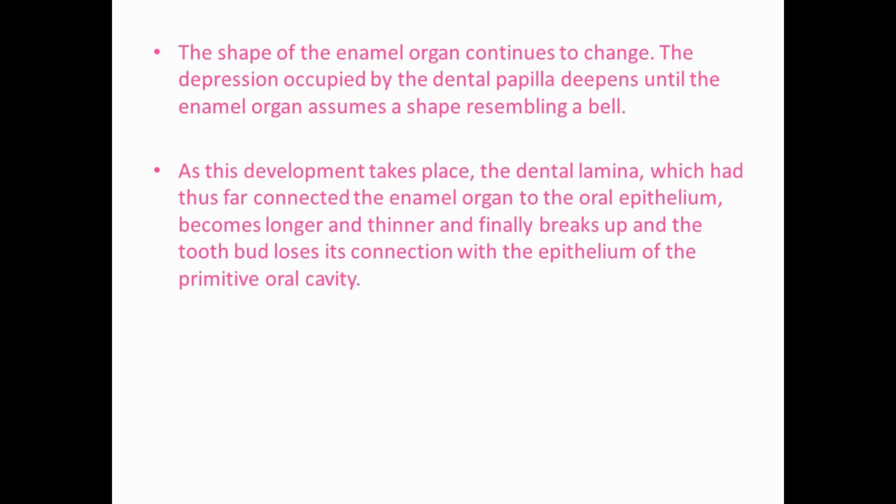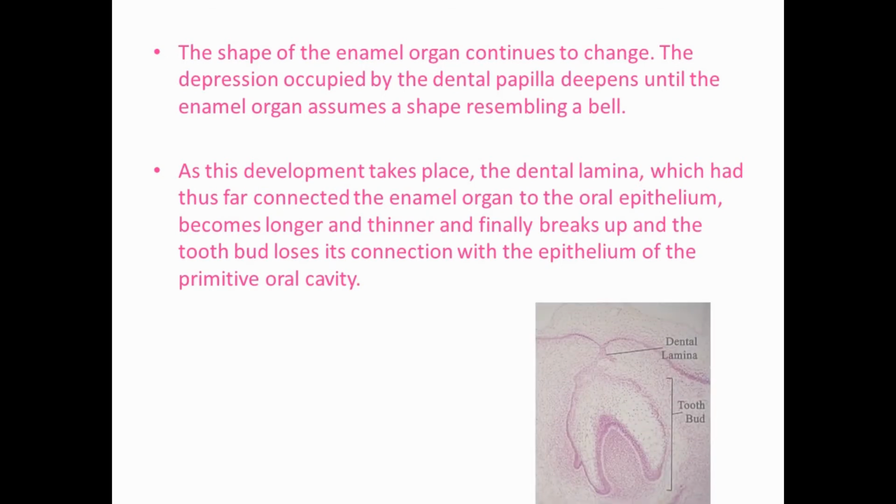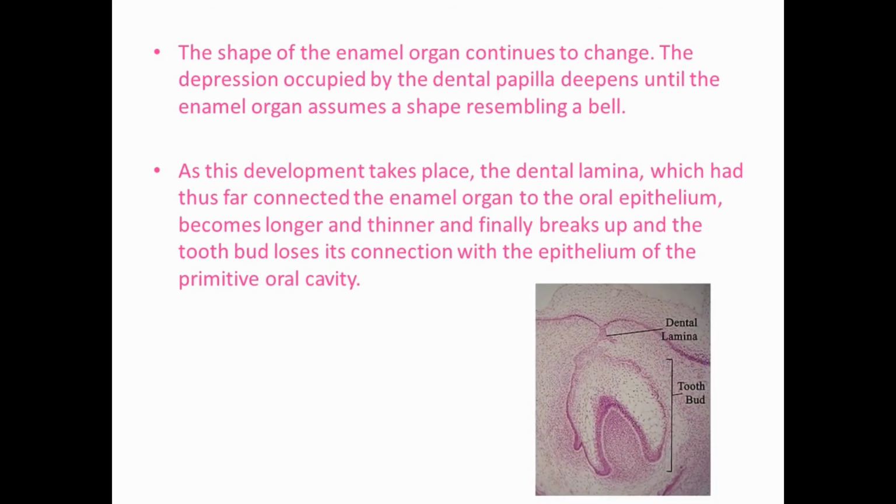So as the development is taking place, this dental lamina that is connecting the enamel organ and the oral epithelium becomes longer and thin, and then it breaks, so in the end this enamel organ, which is a tooth bud, loses its connection from the oral epithelium. So here as shown in this diagram, the lower portion is the tooth bud, which contains the enamel organ and dental papilla, and the upper is the oral epithelium.